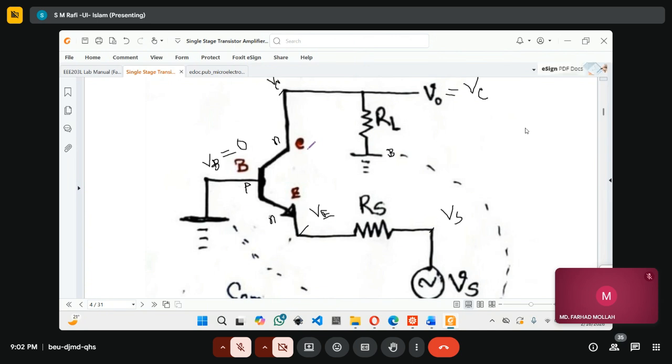Yeah, we can do it, but in general practice we use the collector as output, because as the name suggests, the emitter is where we inject the voltage or input in this configuration. Otherwise, we generally apply voltage to the base region.